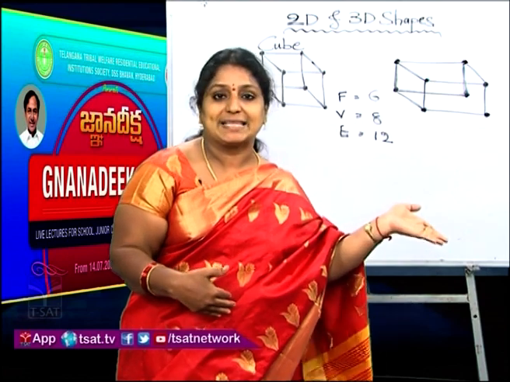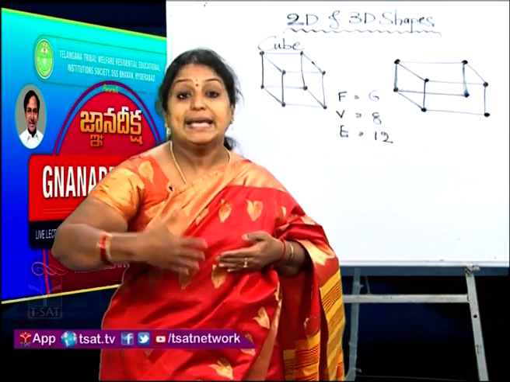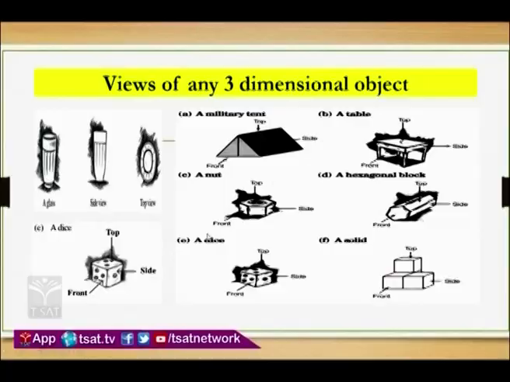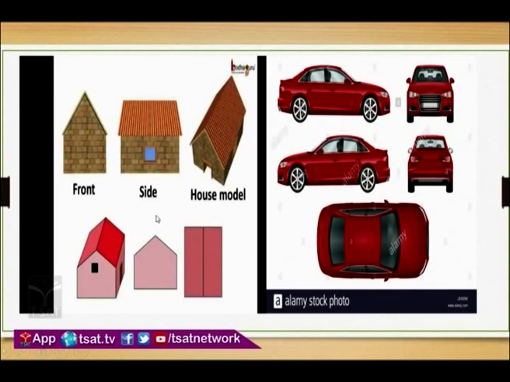If you see from the side, only the side portion will appear. Similarly, any three-dimensional object contains the top view, side view as well as front view. For example, take a dice. Here I mentioned the top view, side view, front view. Similarly, any house, any vehicle, any object from your surroundings contains all three views: top view, front view and side view.